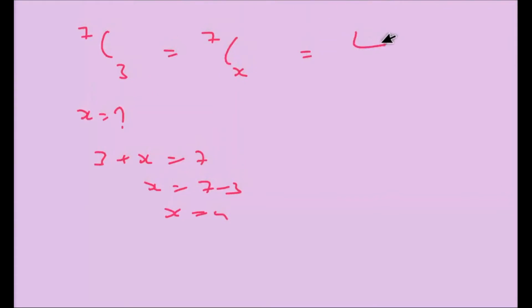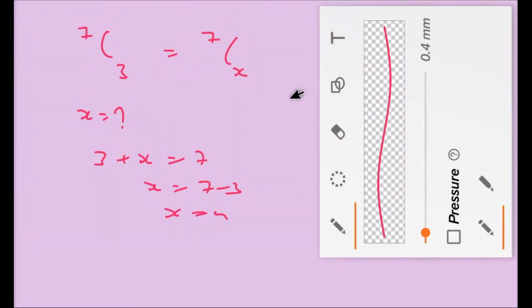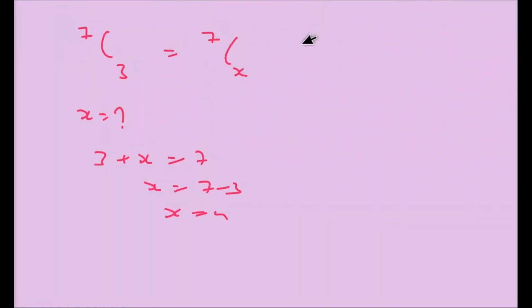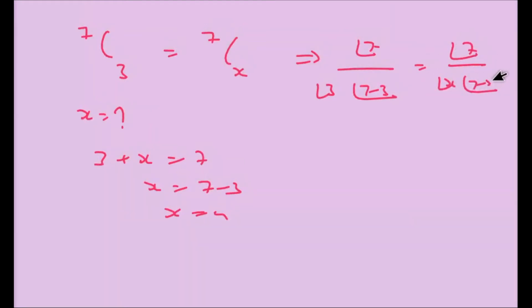We can write here factorial 7 upon factorial 3 factorial 7 minus 3 equal to factorial 7 upon factorial x factorial 7 minus x. So 7 minus 3 equal to 7 minus x.